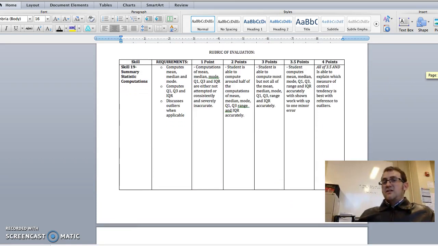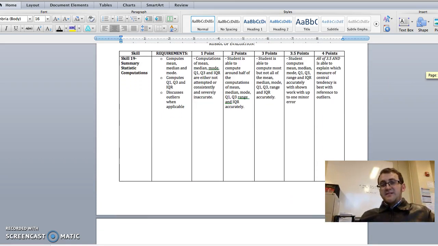What you will be evaluated on: you're going to be evaluated on the summary statistic computations. What you can see here is a checklist of the requirements, and you can just check them as you go. I expect that you compute the mean, the median, and the mode. I also expect that you compute Q1, Q3, IQR.